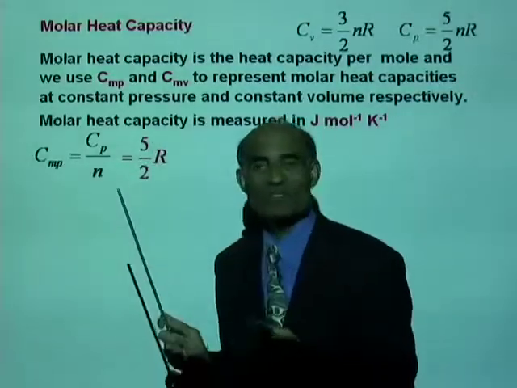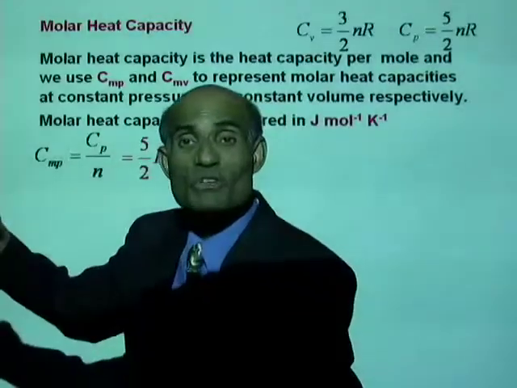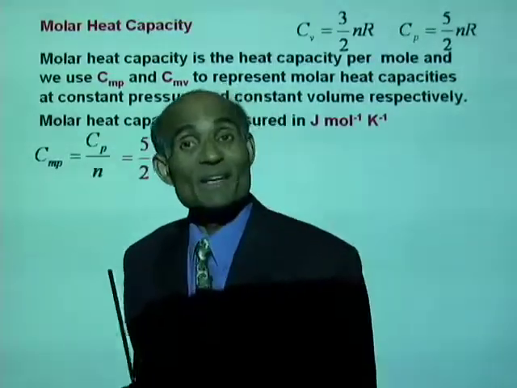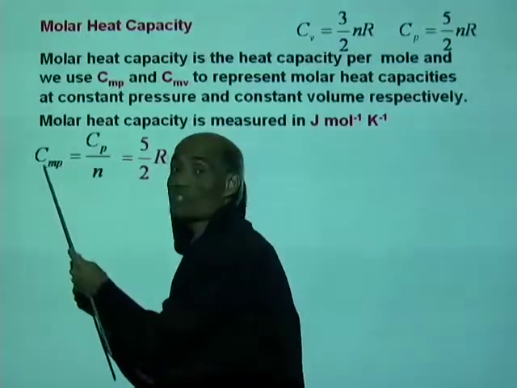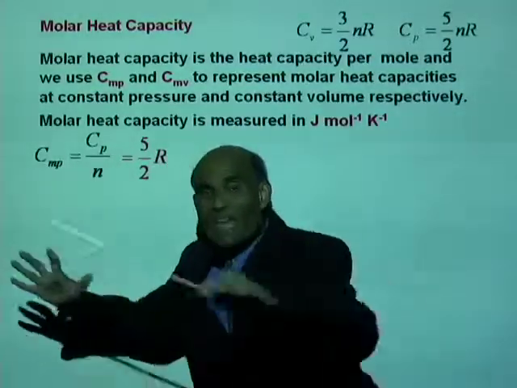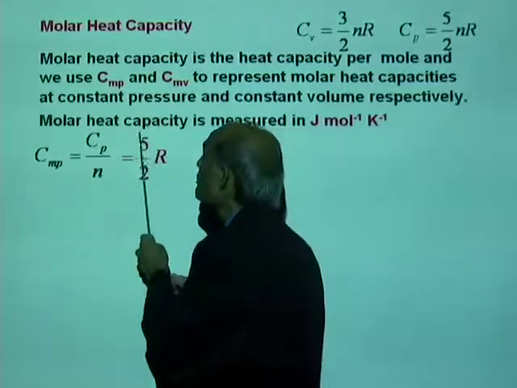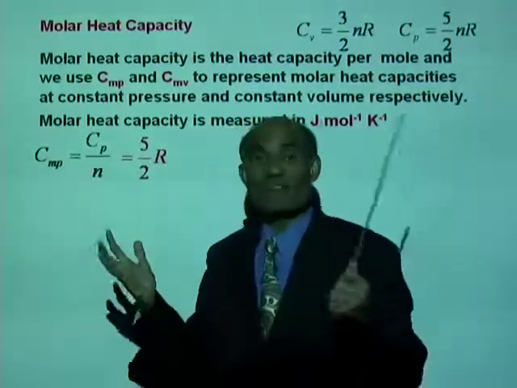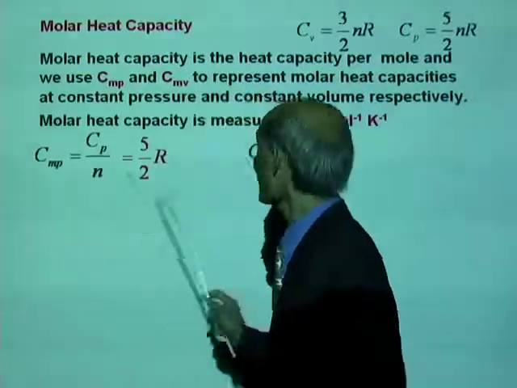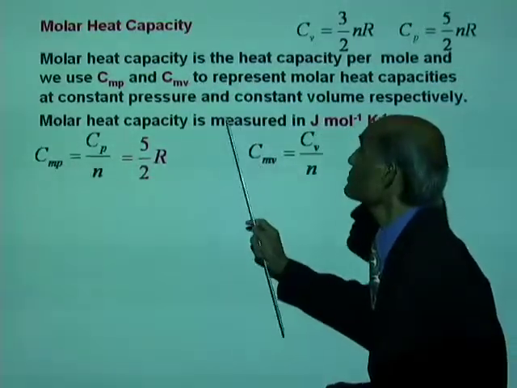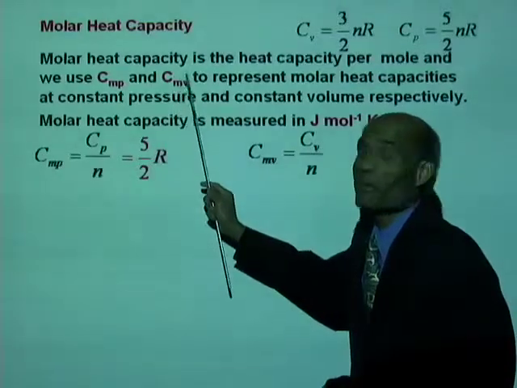Now what is the significance of it? R is the universal gas constant. It means the molar heat capacity at constant pressure for any gas should give you the same value, 5/2R. In the same way, Cmv, what does Cmv stand for?